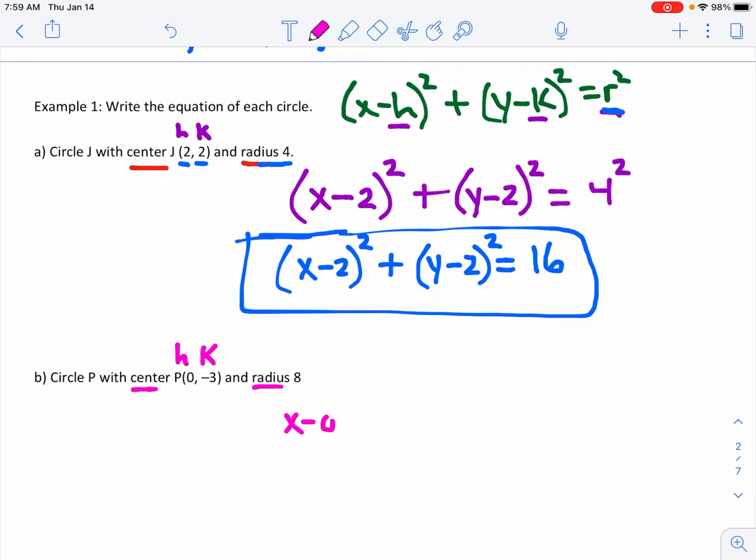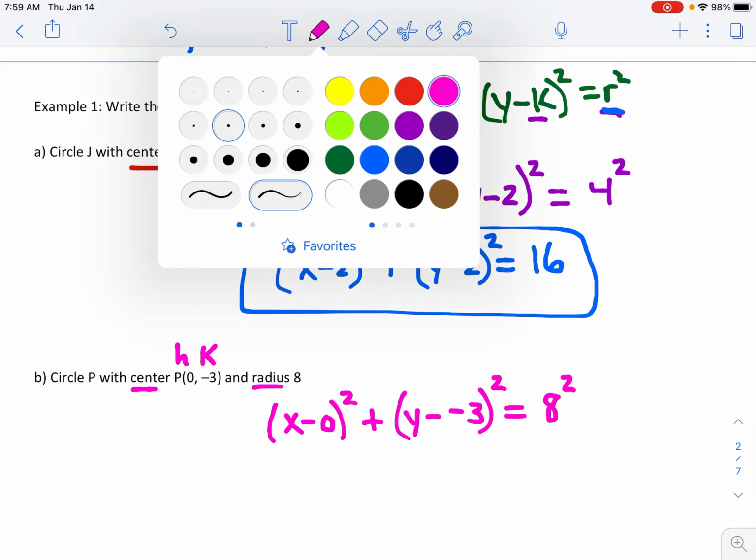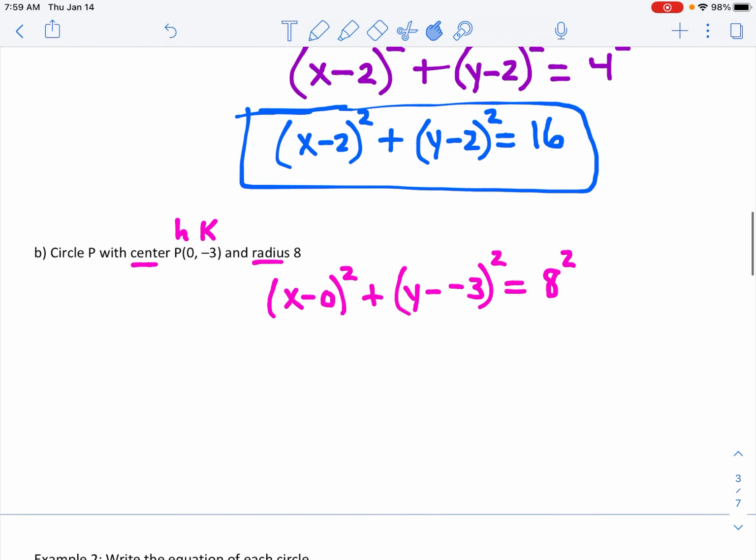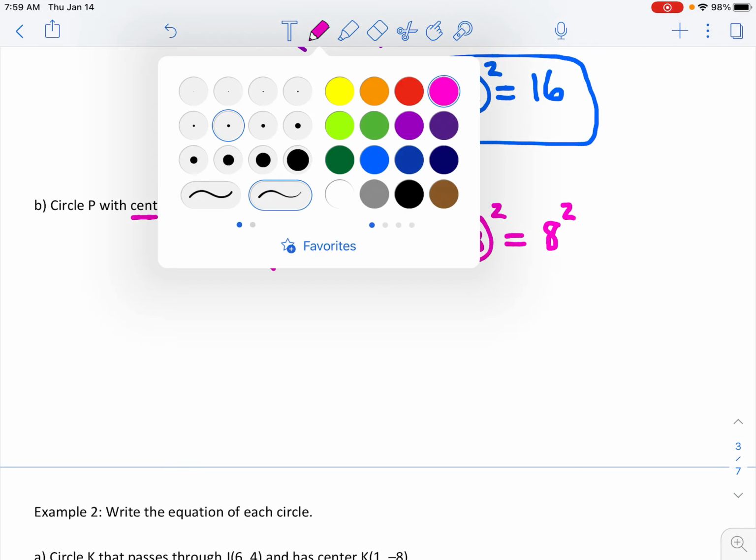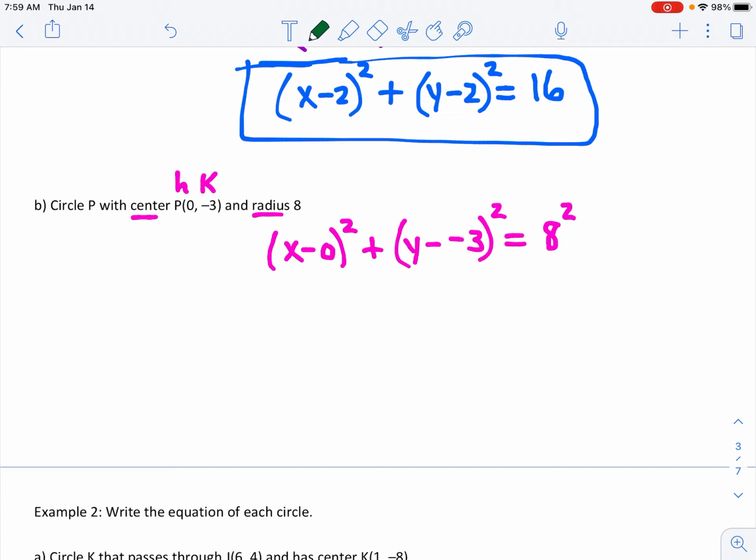X minus 0 squared plus y minus a negative 3 squared equals r squared, so 8 squared. Now we're going to go ahead and clean this up, and what I mean by clean it up is any double negatives we're going to rewrite, and when we have anything minus 0, the 0 disappears.